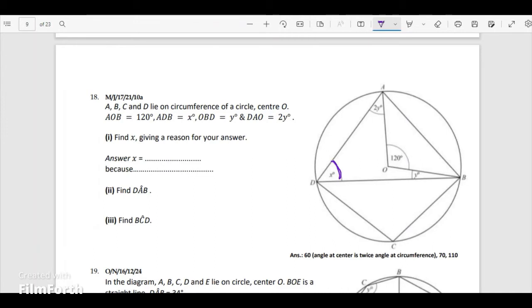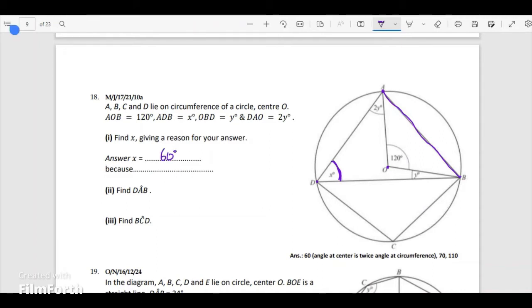So you see this x is on the circumference, it's coming from the chord AB. And the same chord is making one angle at the center, this right here, 120 degrees. So the angle at the circumference would be half this angle, 120 degrees. That means it would be 60 degrees. So x would be 60 degrees. Why?